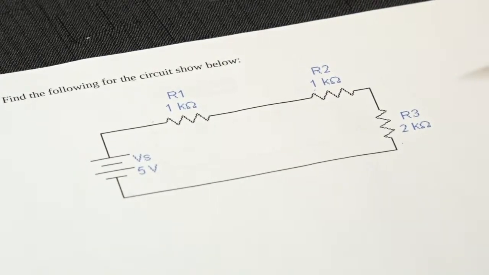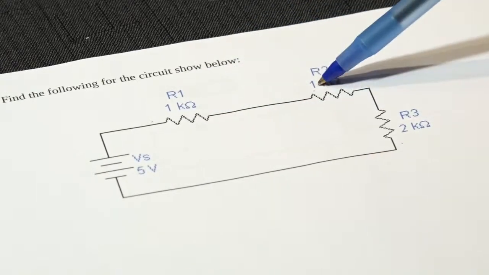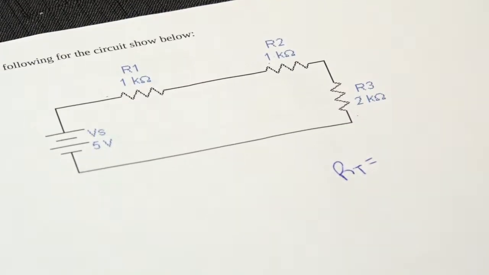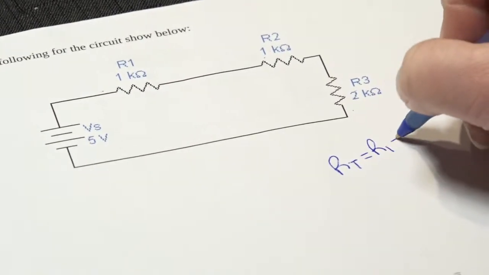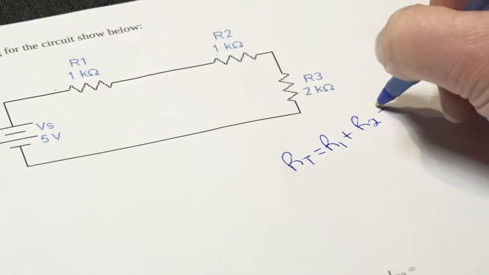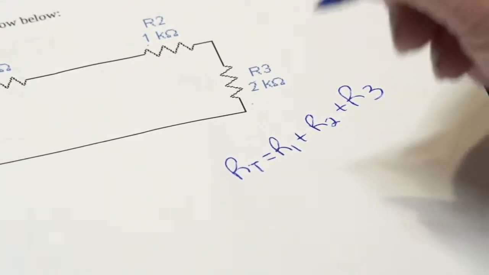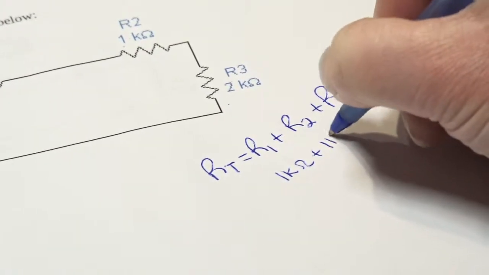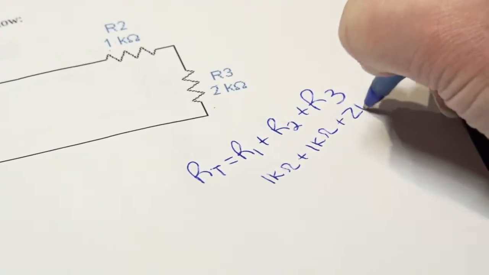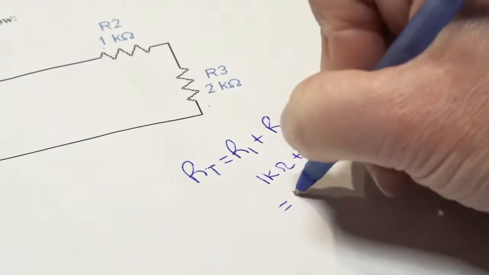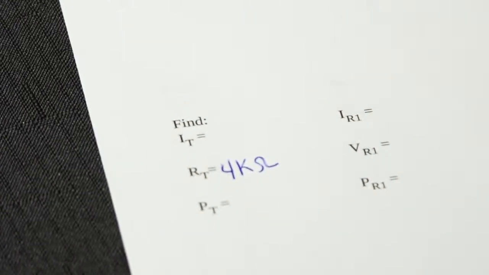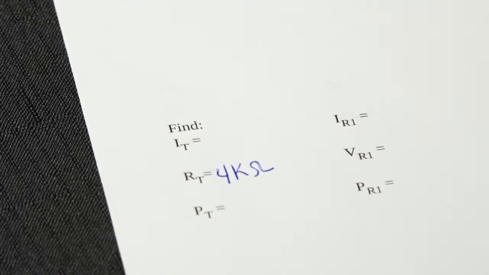Now, the first thing we want to do is add up and find the total resistance. So total resistance is going to equal R1 plus R2 plus R3, which is going to be 1K ohms plus 1K ohms plus 2K ohms, which equals 4K ohms. So we can go ahead and write that right down on our little table here. And then, of course, we're going to apply what law?